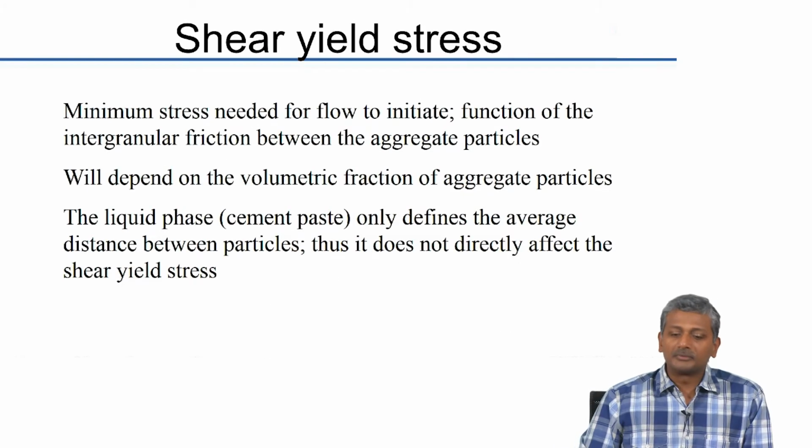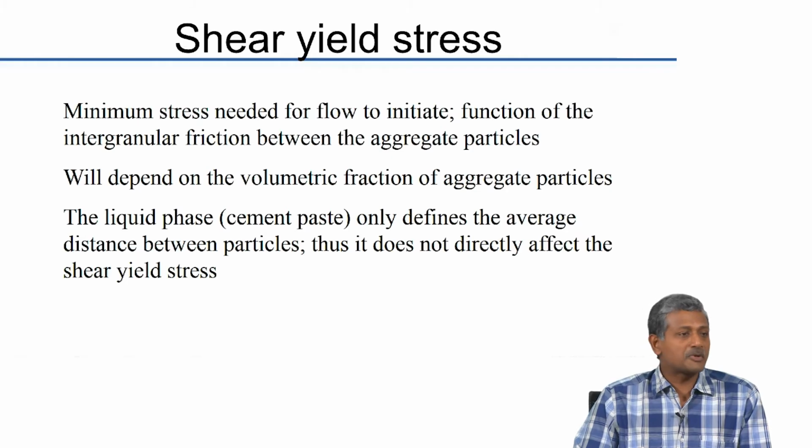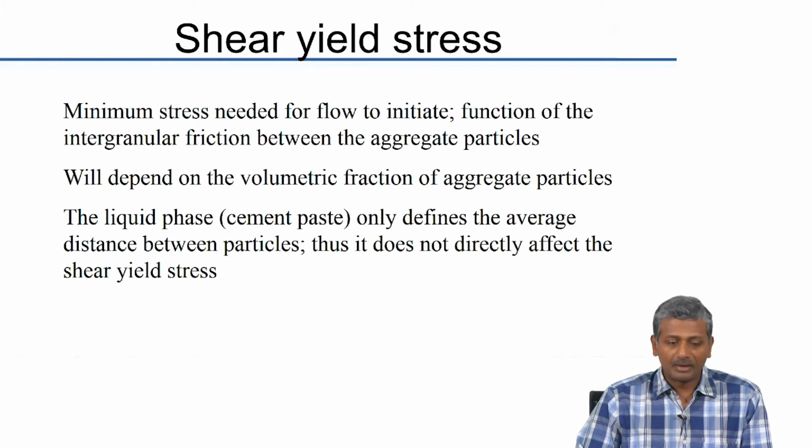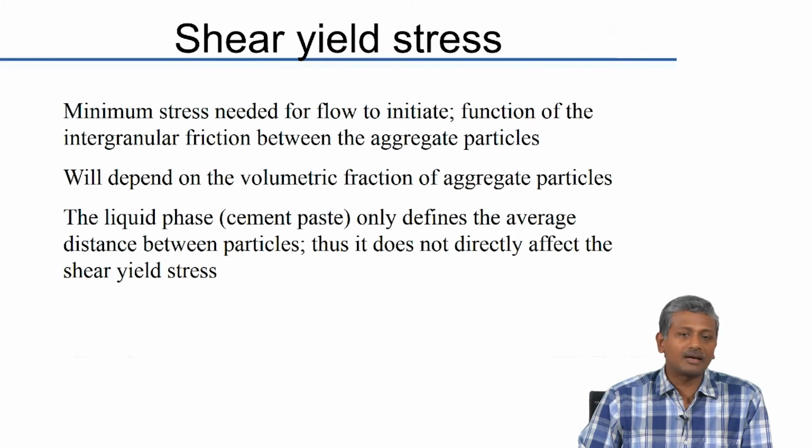Okay. So, what does the shear yield stress mean from the perspective of a suspension of aggregates in cement paste? You can think about it as the minimum stress that is needed for the flow to initiate, which is dependent on the intergranular friction between the aggregate particles.